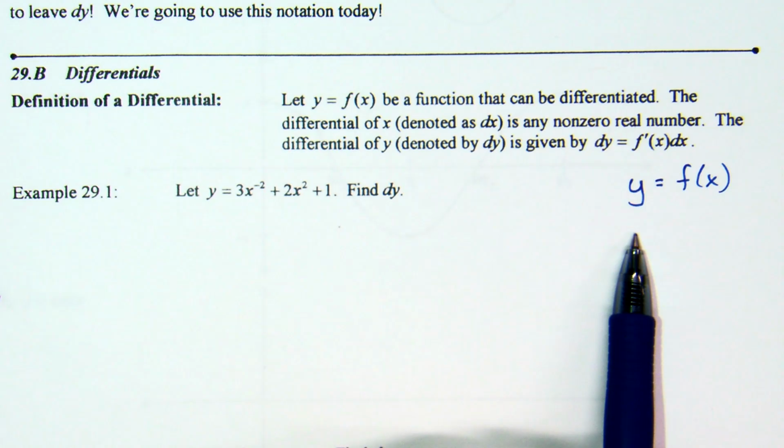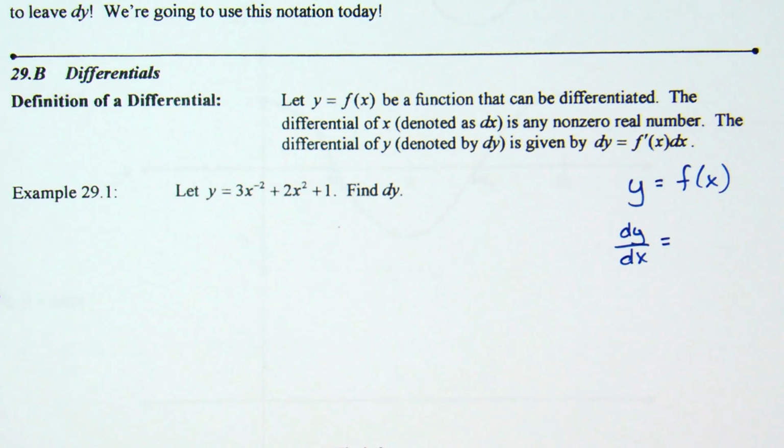I think I heard both out there. So I'm going to use dy dx. When we take the derivative of f of x, how do I write that as a derivative? We usually use our prime notation, which means the derivative of f of x written with prime would be f prime of x, yes?